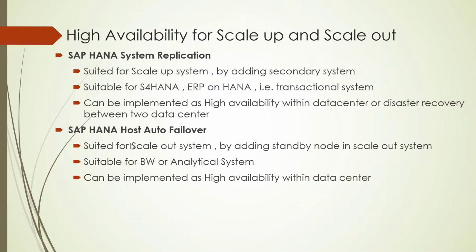What is the use of SAP HANA host auto failover? What is HANA system replication? How will you configure it? Can you configure HA or DR, or both, with HANA system replication? Yes, we can configure.